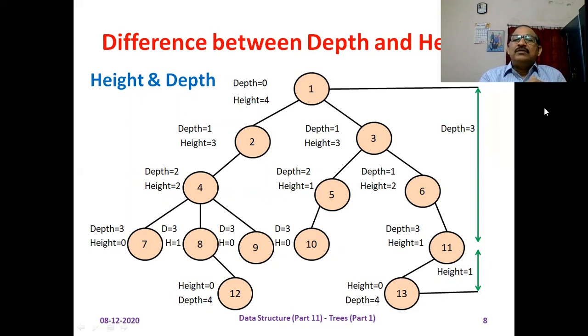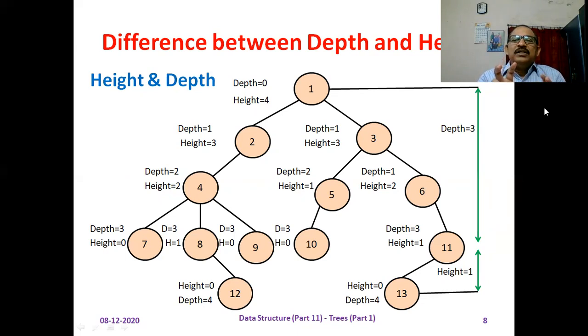And what is the height? We have already discussed this. Height is the length of the deepest node from the root. Now, when you look at a tree as a whole, the depth and height of a tree is equal to the height of the root node.